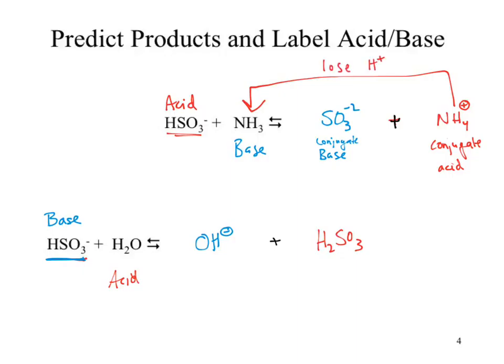It has to lose H+. Okay. If it loses H+, it is an acid. Okay. So by applying the definitions of what our acids and bases are, we can start to come up with better predictions about what's happening in our equations. And we would also have our conjugate base and our conjugate acid.